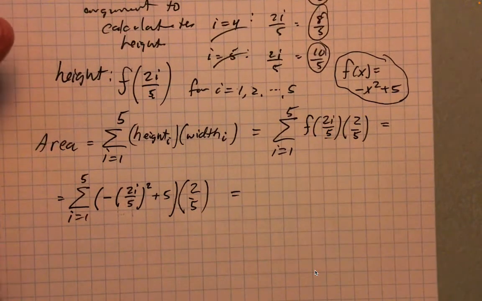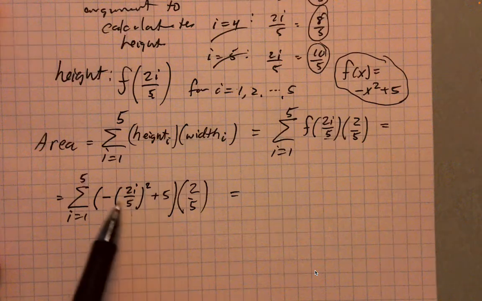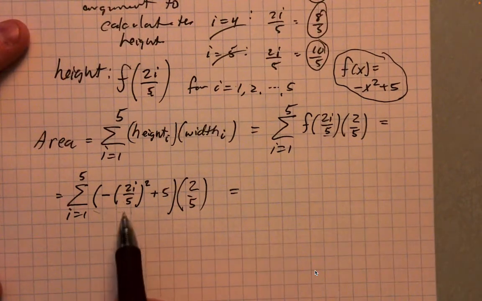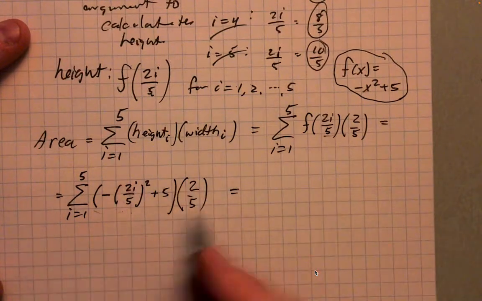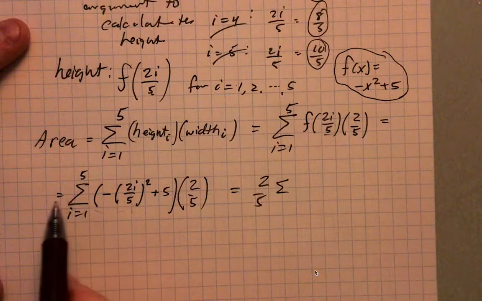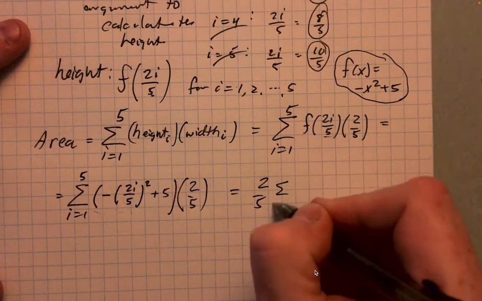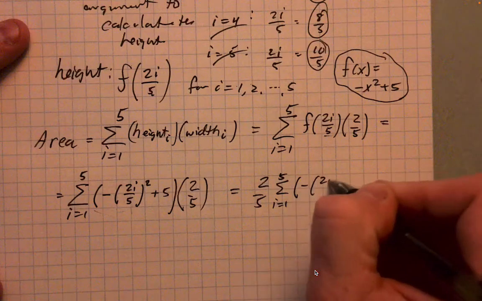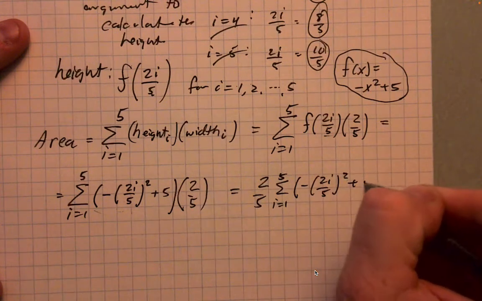Now, this is kind of a mess, isn't it? There are things we could do here to simplify this. You could, for example, pull the 2/5 out. You could pull the negative 2/5. No, we can't do that, since it'd be negative 2i over 5 squared plus 5.